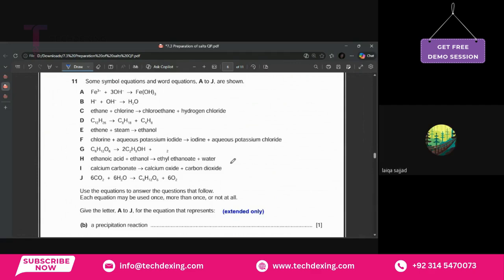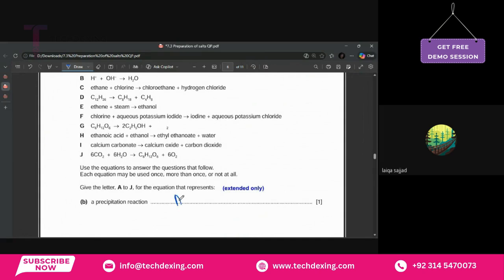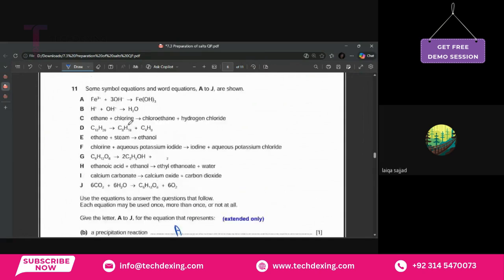Yes, what's the reason? Because the product iron(III) hydroxide is an insoluble solid. Yes, very good. It's option A. Which type of reaction is happening in B? B is neutralization. Okay, very good.